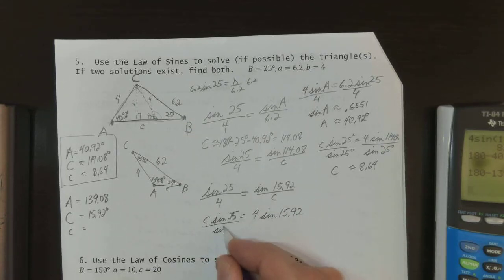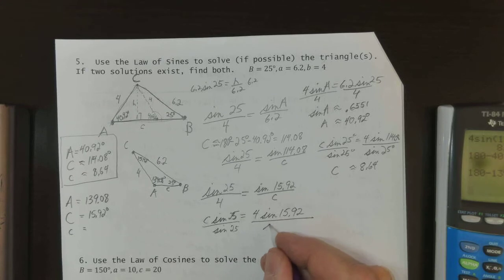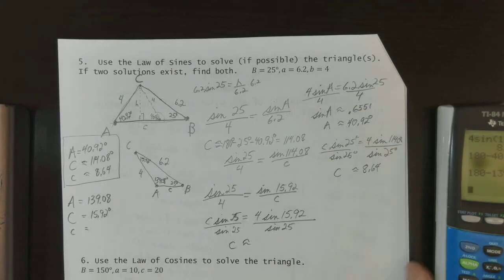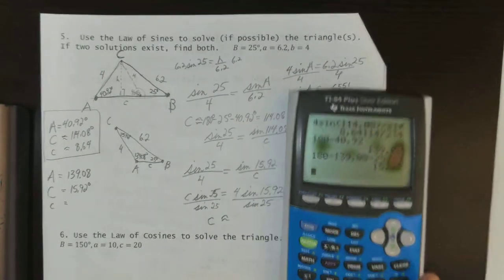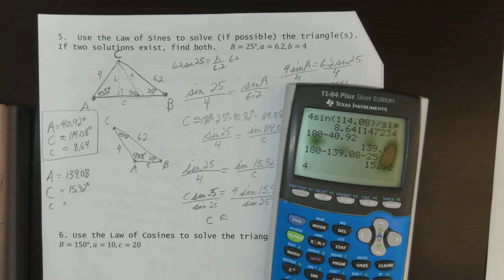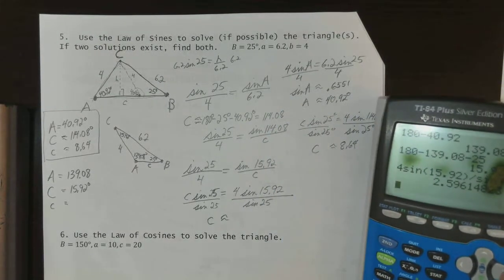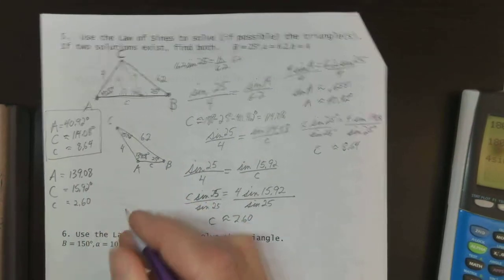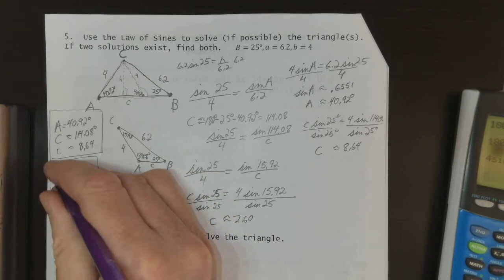I'll divide by the sine of 25. C is approximately 4 times the sine of 15.92 divided by the sine of 25, 2.596, 2.60. All right, so there's the two triangles for that ambiguous case.